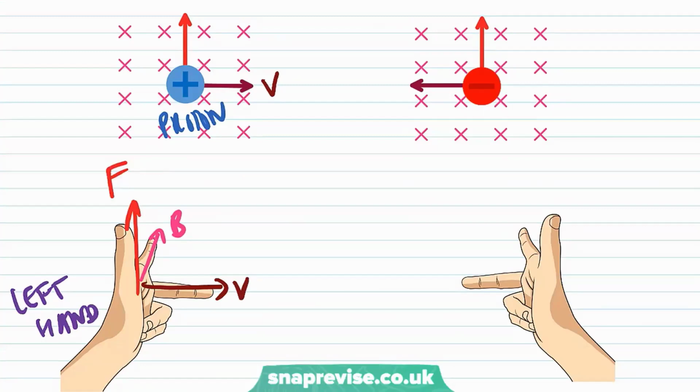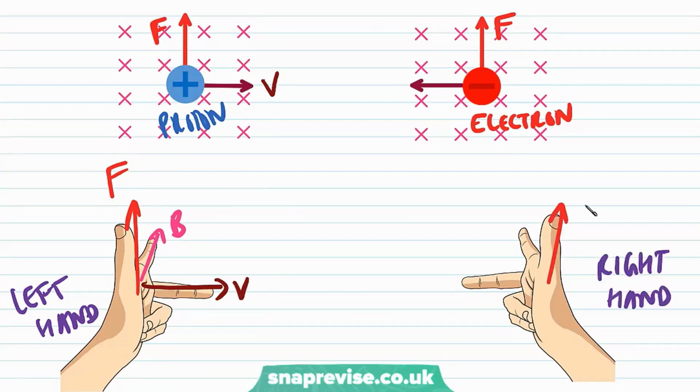In order for our electron, which is negatively charged, to experience the same force upwards as the proton, using our right hand with force in the same direction as the thumb and magnetic field strength in the same direction as the first finger, we can see that the direction of motion, which is given by the second finger, is from right to left. So it's opposite to the proton.